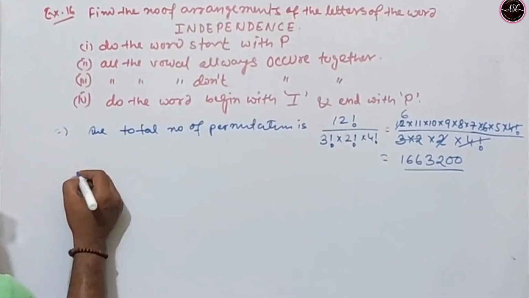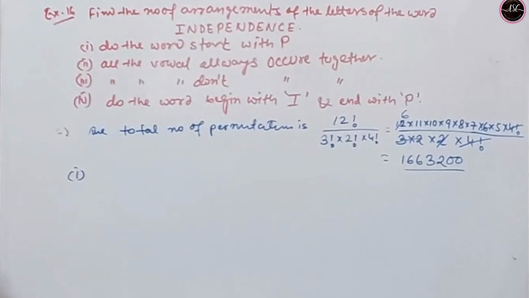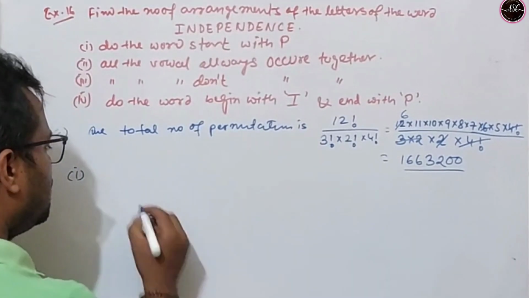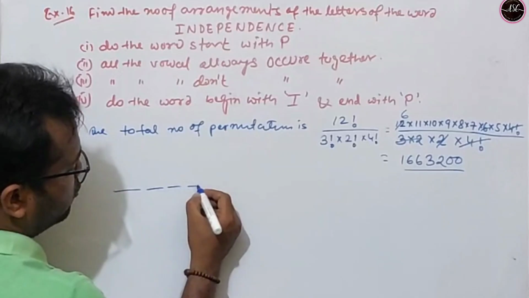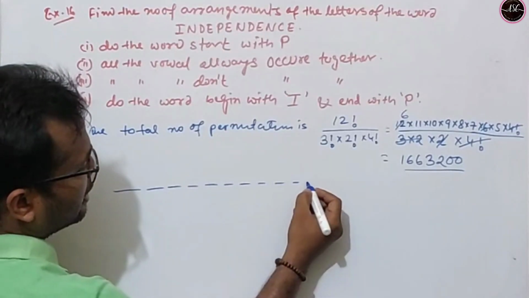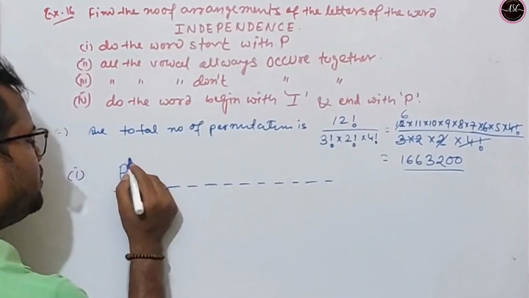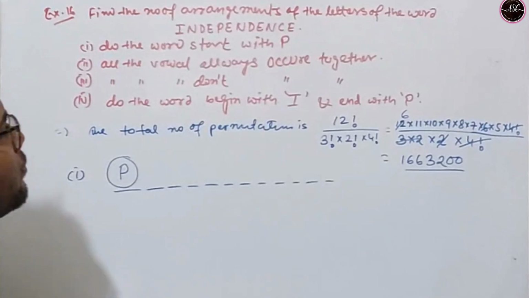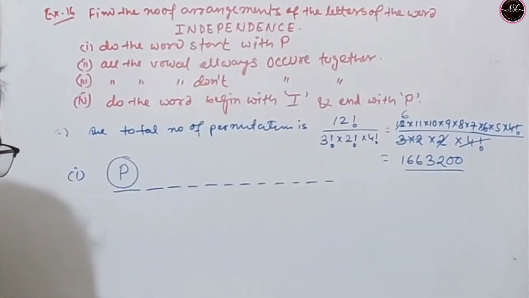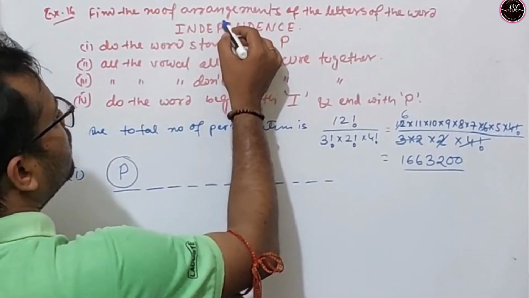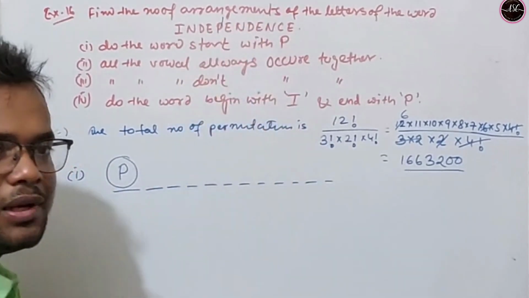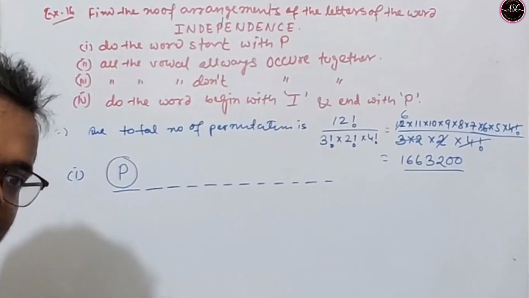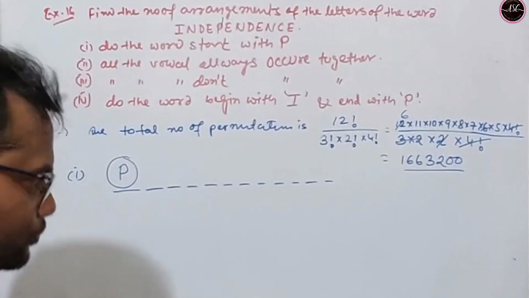Now for question 1, do the words start with P? Let me just draw this: 1, 2, 3, 4, 5, 6, 7, 8, 9, 10, 11, 12. Here the first letter is P. This is fixed. So from this word we cancel out P. If we cancel out P, then there are 11 letters.